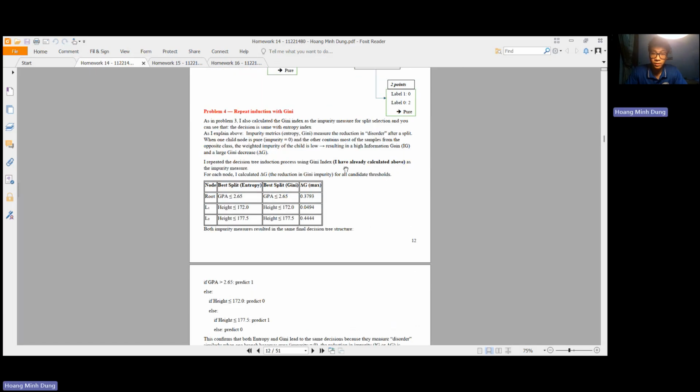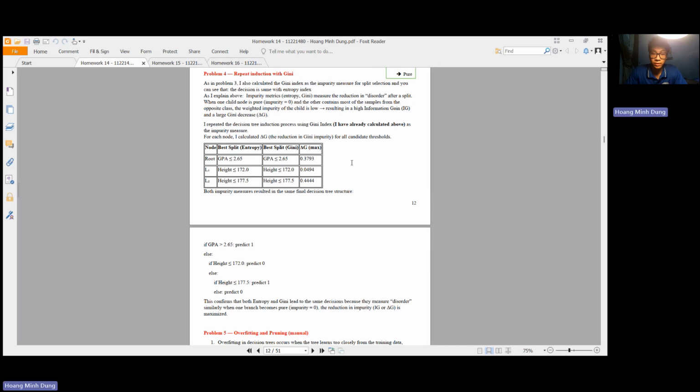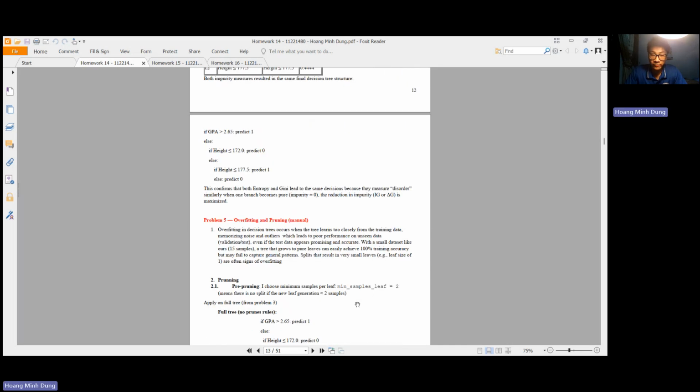Here, when I have to choose the minimum samples per leaf, like min_samples_leaf equal to 2, this means there's no split if the new leaf generated is smaller than 2 samples. It helped me deal with overfitting, the weakness of the Hunt algorithm.